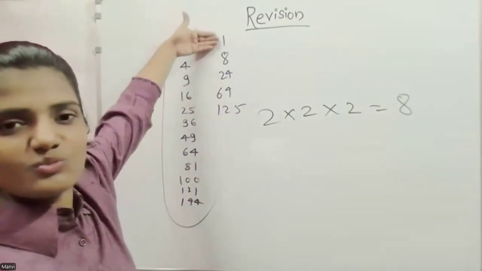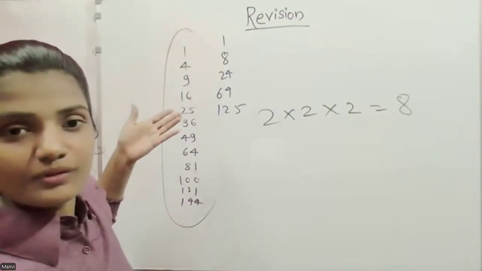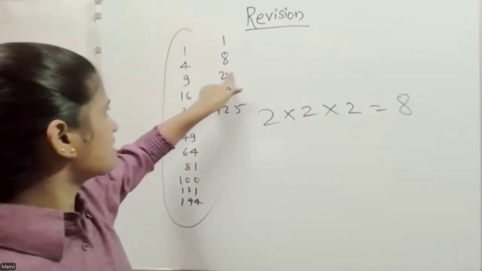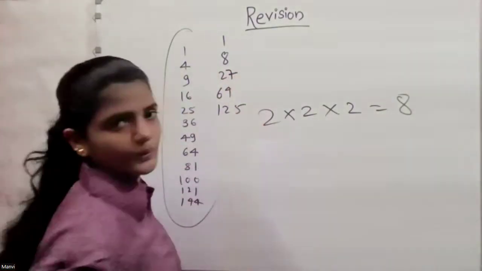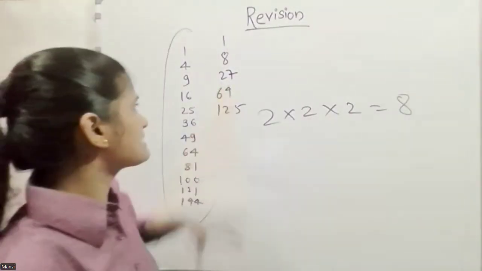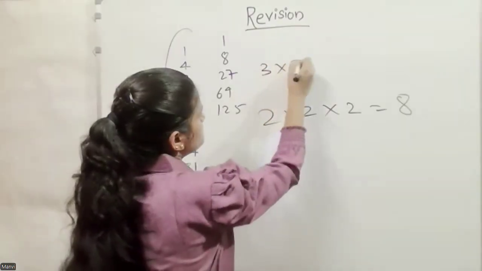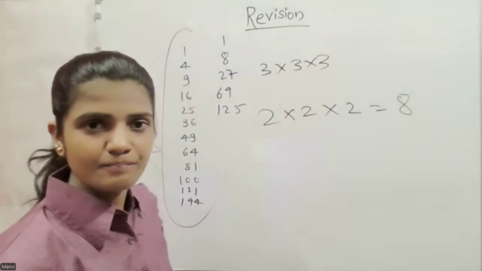The first cube number is 1, then directly 8, then 27, then 64. Sorry, it looks like 24, but this is 27. Why is this 27? Because we know 3 times 3 times 3 equals 27.